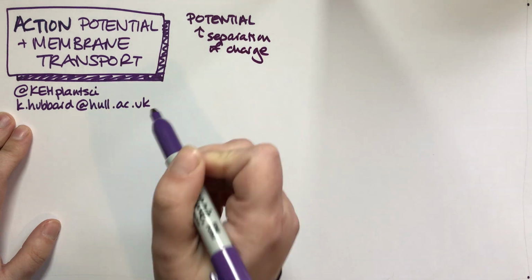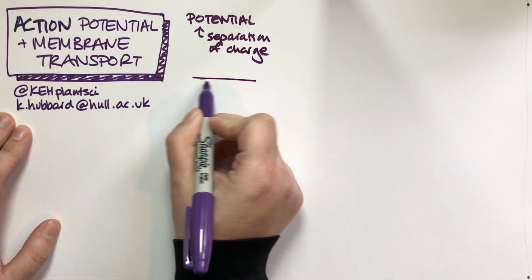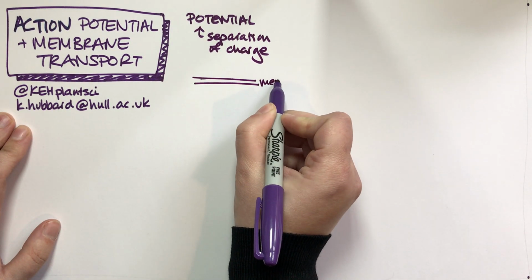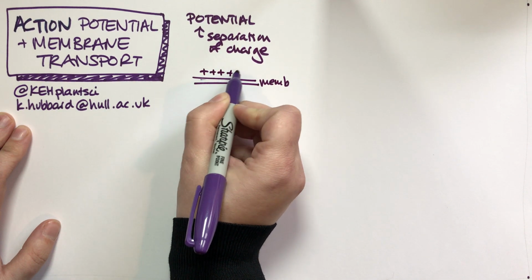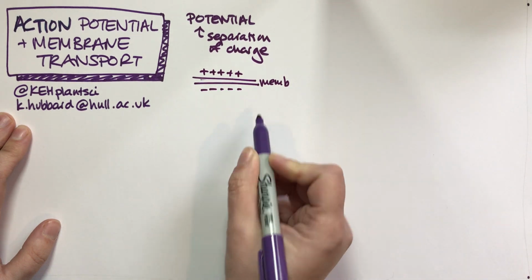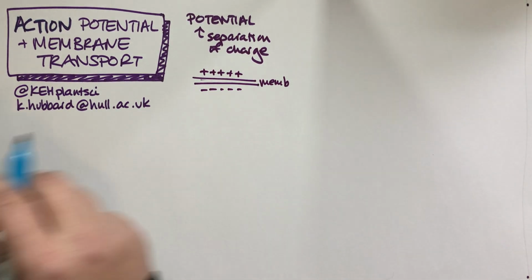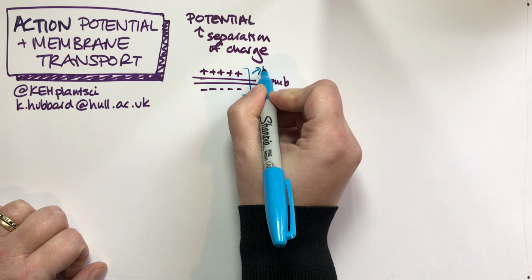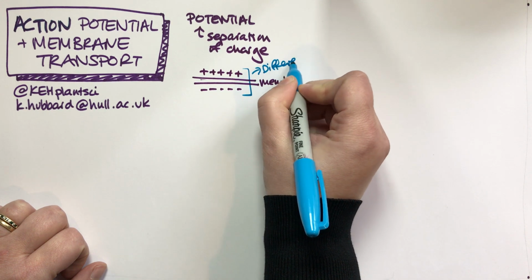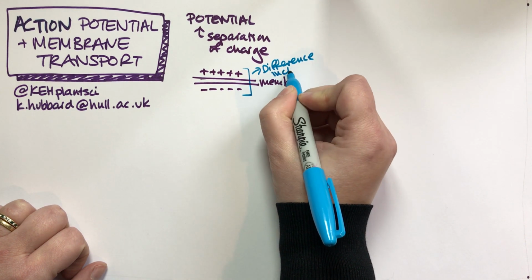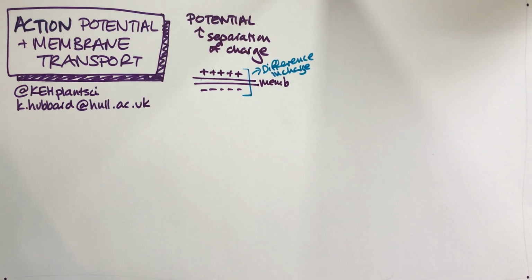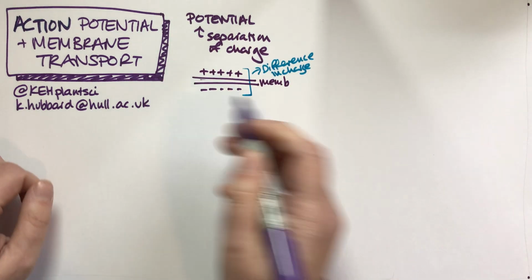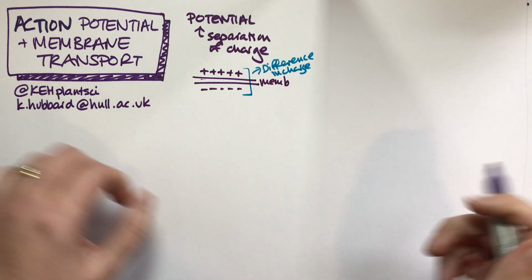So if we have, in a biological system, a membrane, and one side of it is more positive and one side of it is more negative, that difference in charge we refer to as a membrane potential, and that has the potential to do biochemical work for us. Okay, so we have a phenomenon called potential.